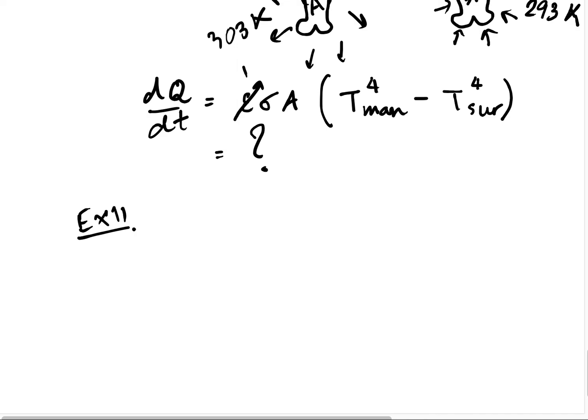example 11. You do the same thing here, but we are considering the radiation at the sun's surface. I really encourage you to calculate the radiation rate from example 10 and 11 and try to compare between these two.